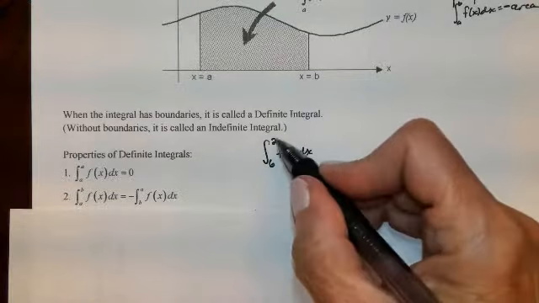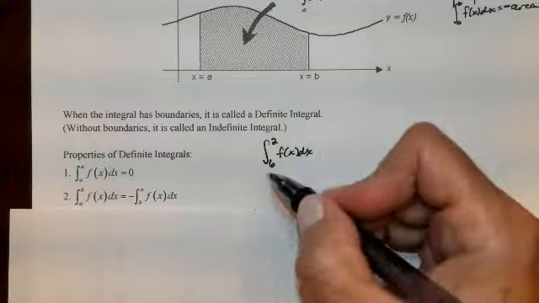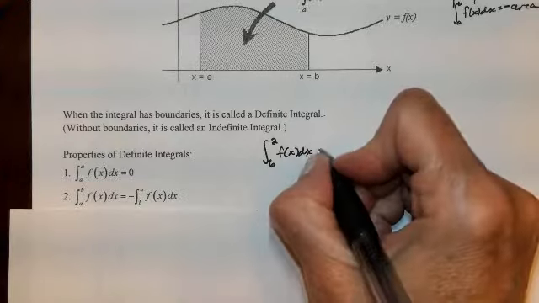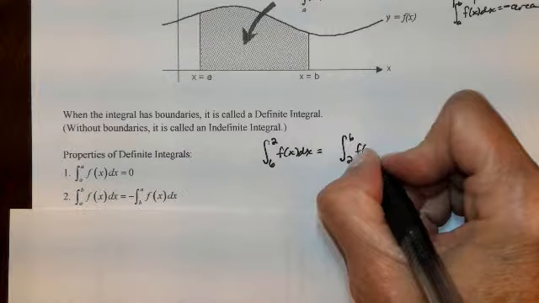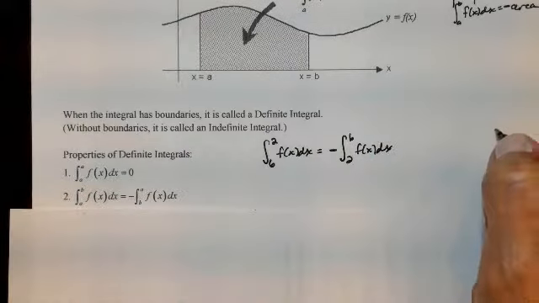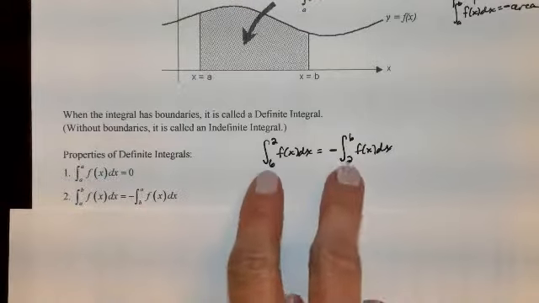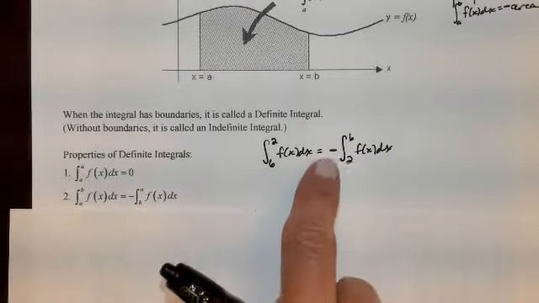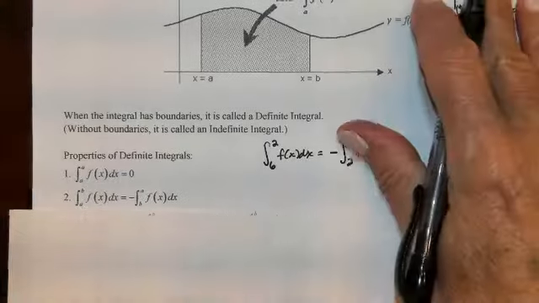We always want the lower number to be on the bottom. So what do we do to force it to be on the bottom? Well, we can move it to the bottom if we put a negative in front. So that's what this property is for. If you want to switch your boundaries, just put a negative in front of one of them. Okay, next property.